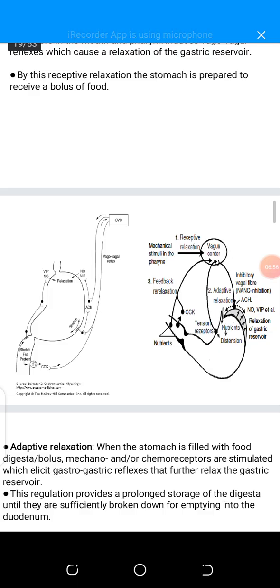The vagus center, after integration of the stimuli, in turn sends efferent impulses through the efferent nerve of the vagus, reaching the gastric reservoir and eventually causing relaxation of it. That is shown on this diagram.